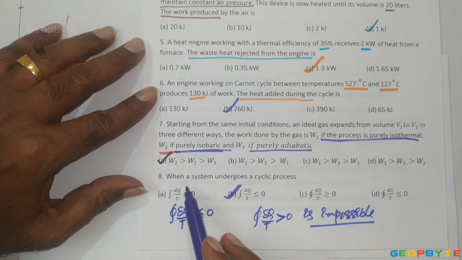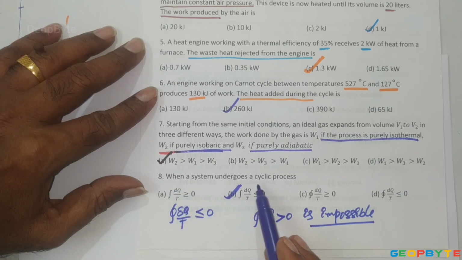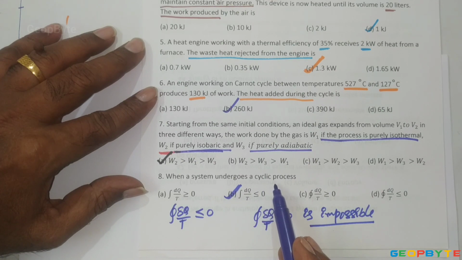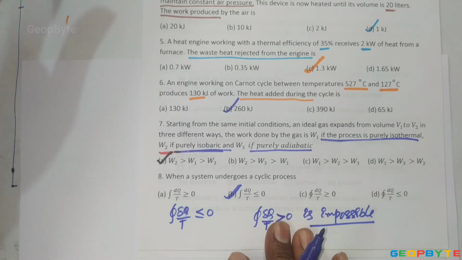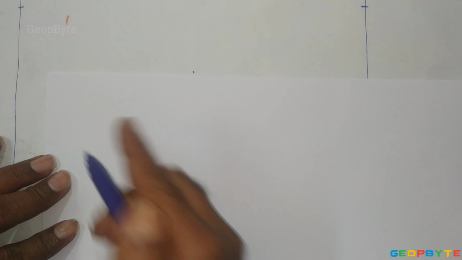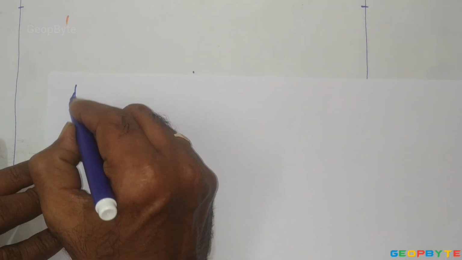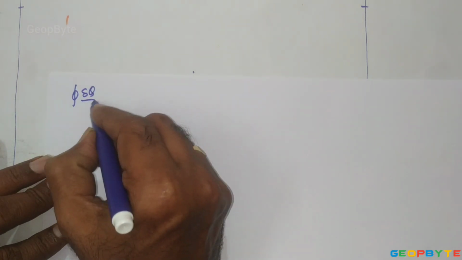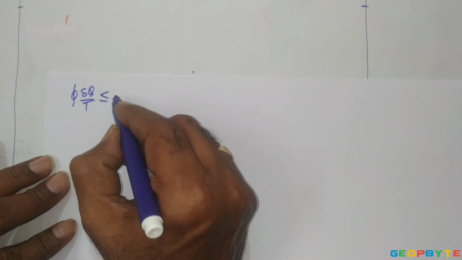The 8th problem is, whenever a system undergoes a cyclic process. As we know, for any thermodynamic cycle, the Clausius inequality is cyclic integral del Q by T less than or equal to 0.